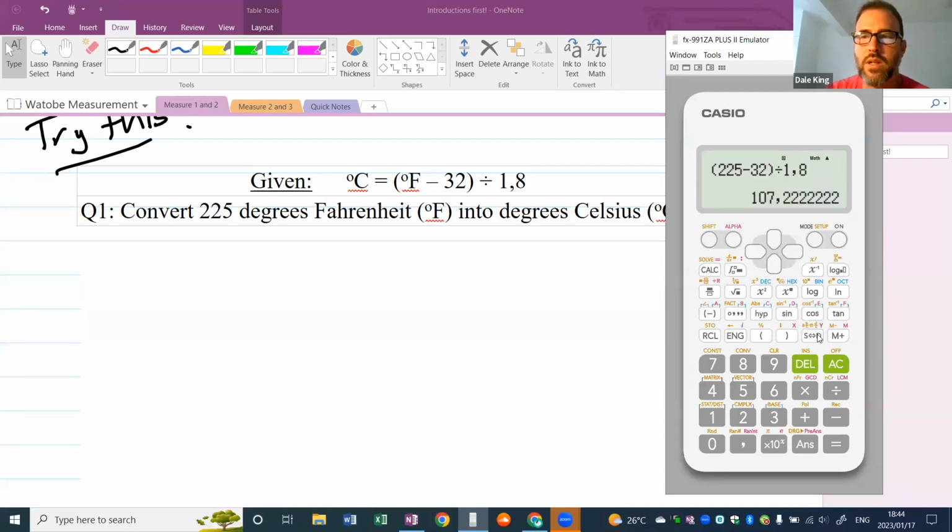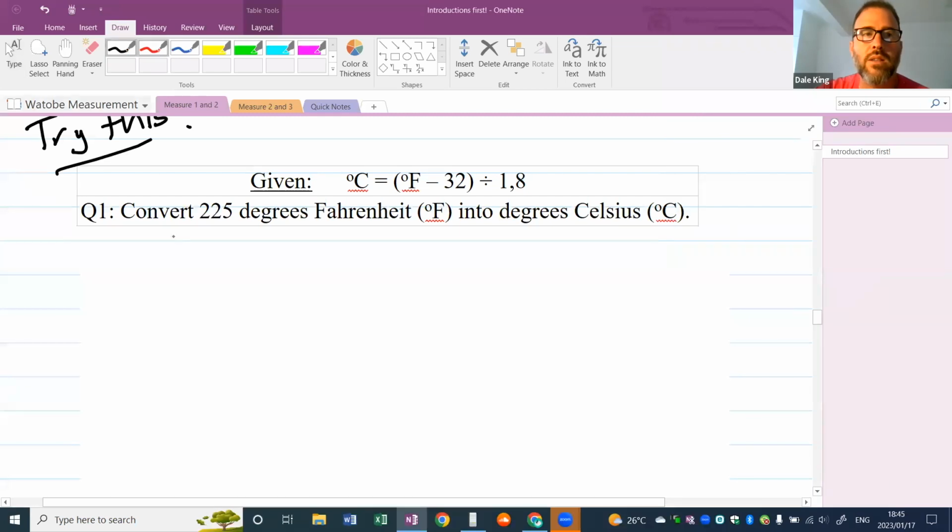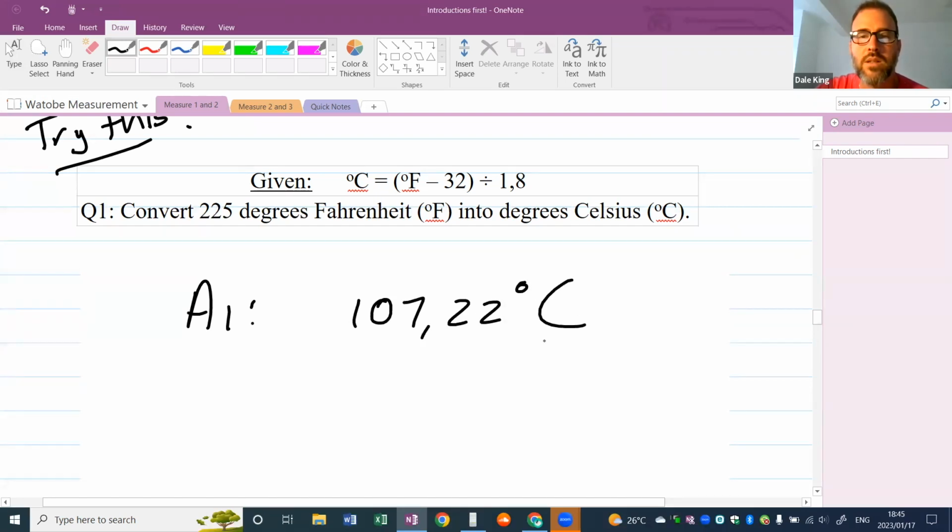Quite a long decimal. It's a recurring decimal. We want 2 decimal places. The second decimal is a 2. The number to the right of it is smaller than 5, so it's not going to change it. So it's correct. Well done, guys. 107.22. I'm not going to do the calculation, I'm just going to write the answer here: 107.22 degrees Celsius. Don't forget the units.